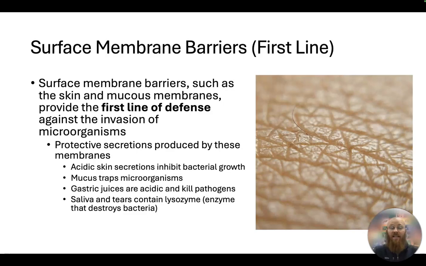Mucus is actually there, like sticky mucus, to help trap any sort of microorganisms or foreign particles. You have gastric juices and other acidic substances that actually kill pathogens. And then you have different enzymes that are released in these secretions or these mucosa in order to break down and destroy different types of bacteria.